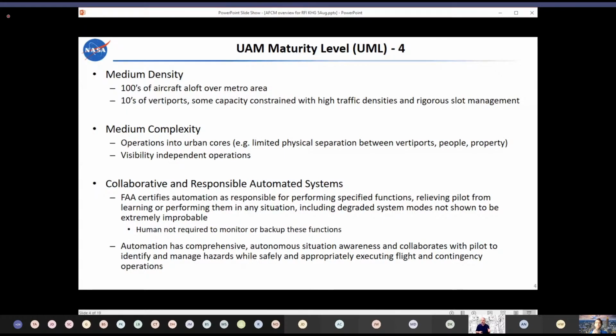And I should say, when we use the term automated flight and contingency management, that includes both the appropriate conduct of the nominal mission, as well as preparing for and having plans ready to execute in contingency situations.